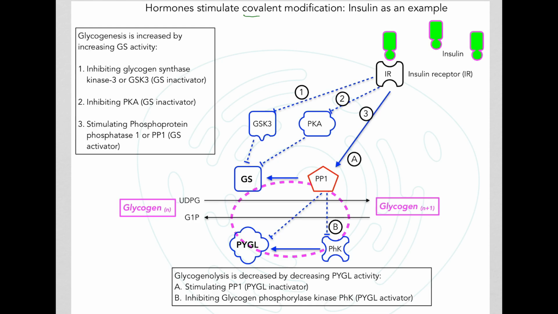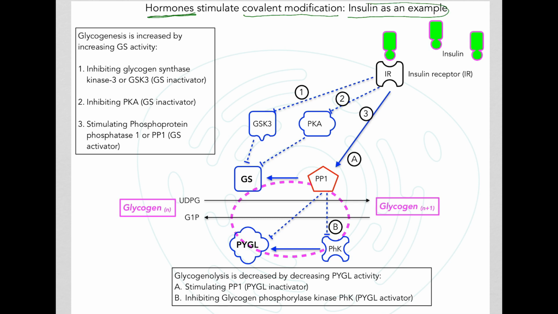Now, covalent modification is often seen in cell signaling, where hormones as well as other signals, when they bind their receptors, lead to this process called cell signaling, or the signal transduction pathway. And we'll talk about this in future videos. But for now, let's just use one example.